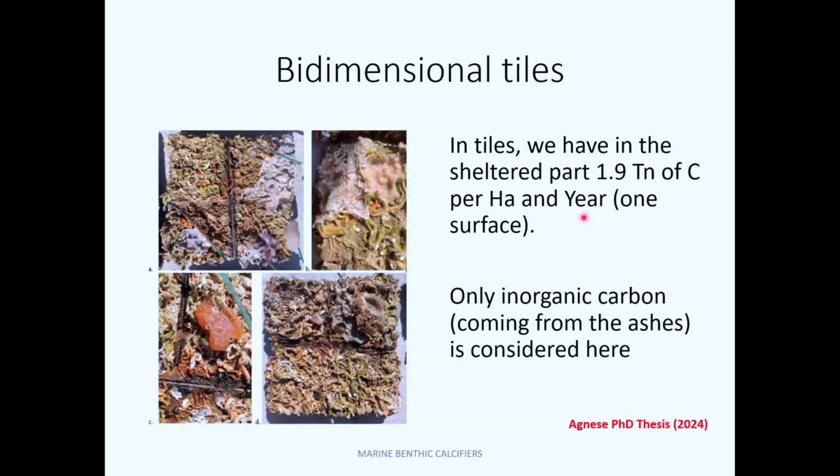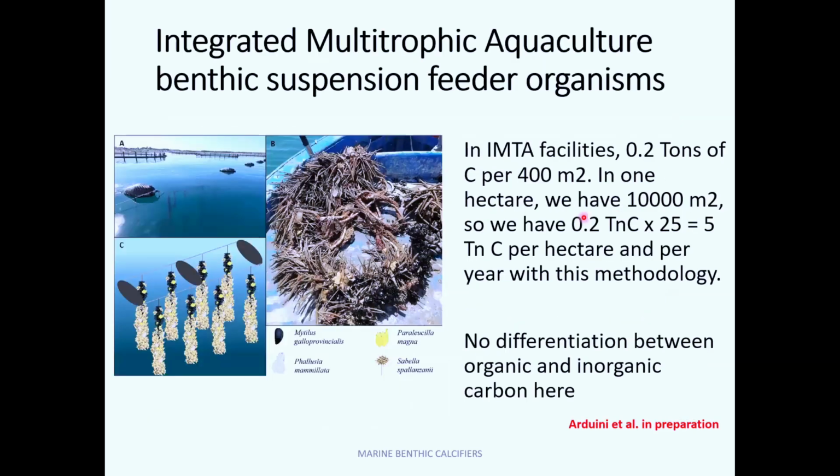The same kind of approach has been made, but in this case, with integrated multi-trophic aquaculture facilities, in which we just put these ropes with floaters, which we cultivate passively, in the sense that we put the rope in the right moment to let the organisms, the larvae, settle down on the rope.